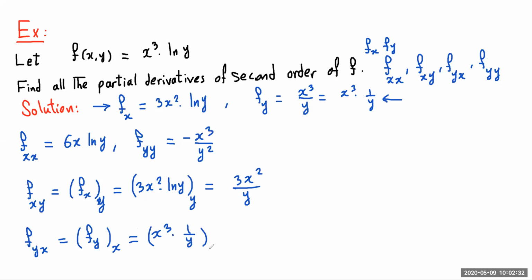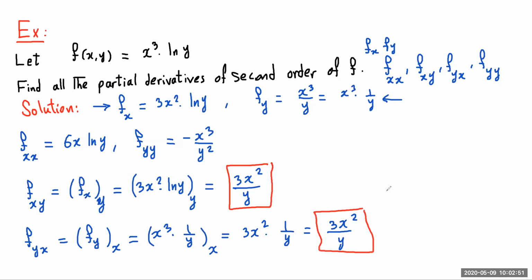The derivative with respect to x, with y as constant, the derivative of x power 3 is 3x power 2, times 1 over y. So the answer is 3x power 2 over y. We can remark that it's the same answer. So we can remark that fxy equals fyx.